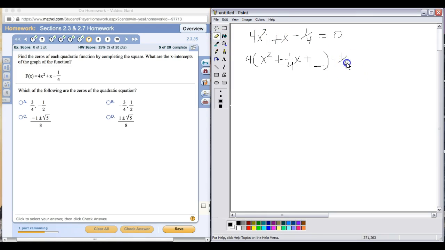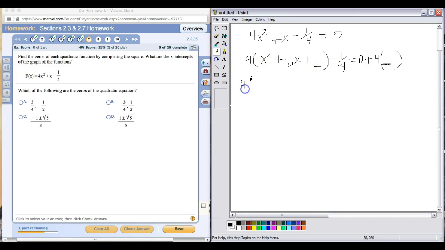Seems like I have trouble writing 4s here. On this side it would be 0 plus, and instead of just saying some blank on this side, it's going to be 4 times whatever I put there, because 4 times whatever is being added on that side.